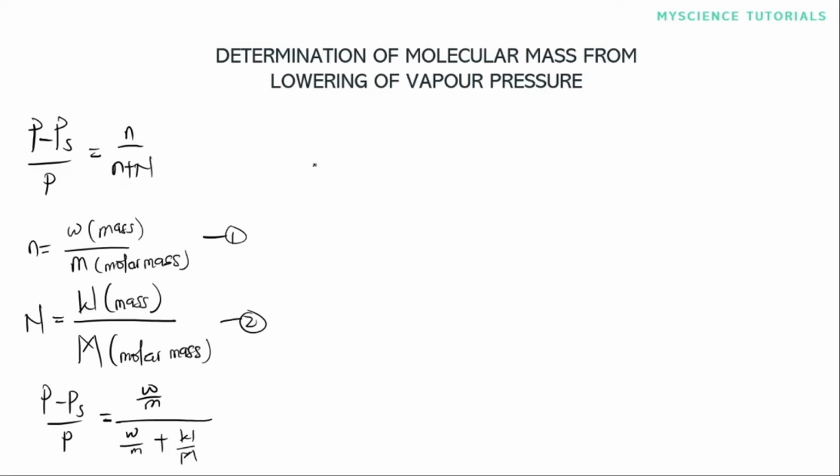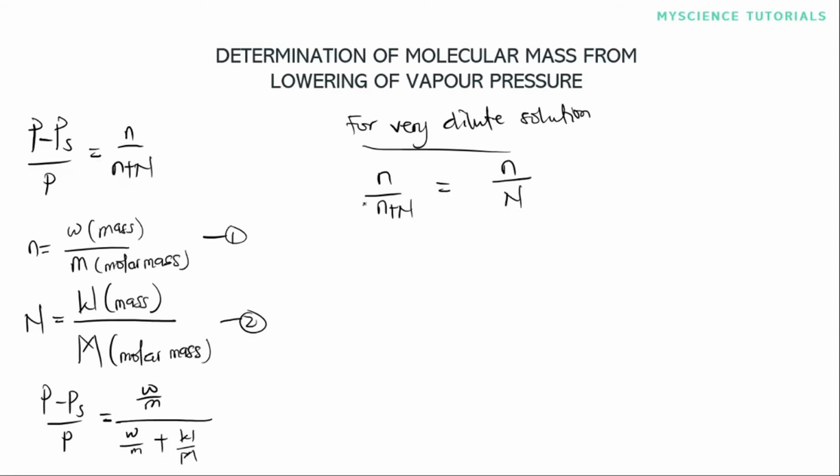Alright, now it is important to also note that for very dilute solutions, that is, the amount of solute that we added is so small that it becomes insignificant, then the mole fraction over here, which is n divided by n plus capital N, can be written as n over capital N. That is, we ignore the small n over here for very dilute solutions only.